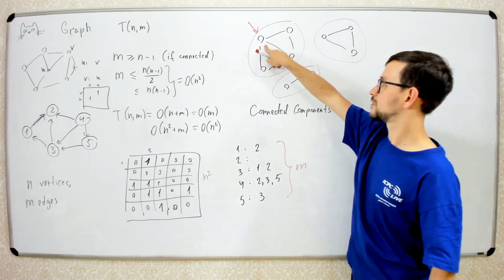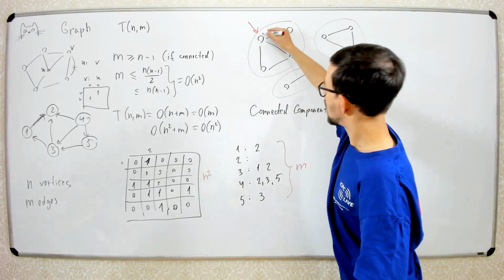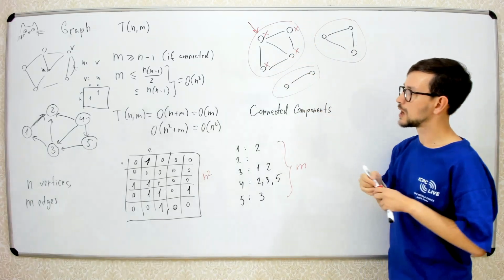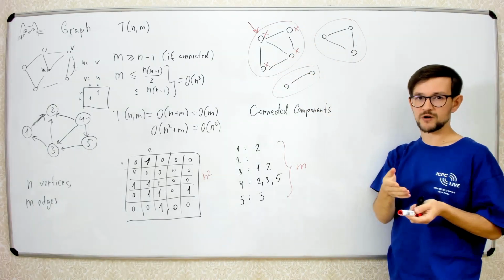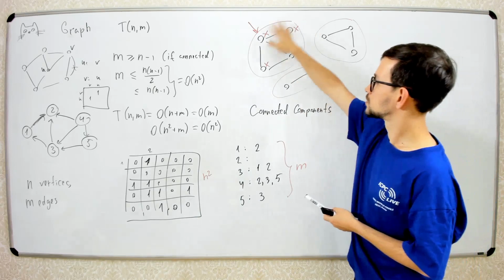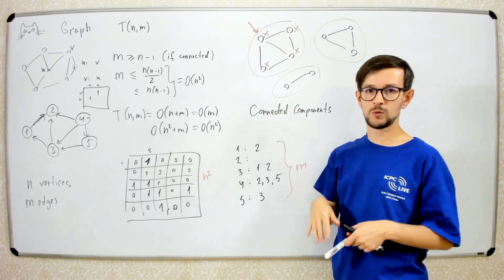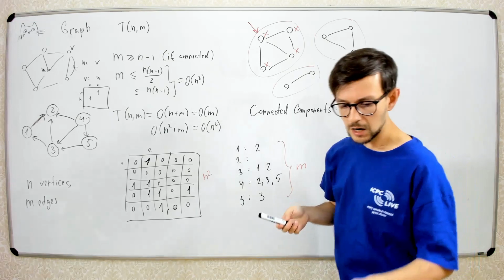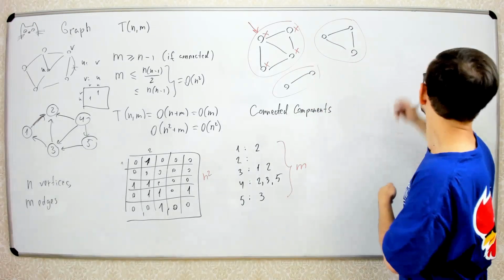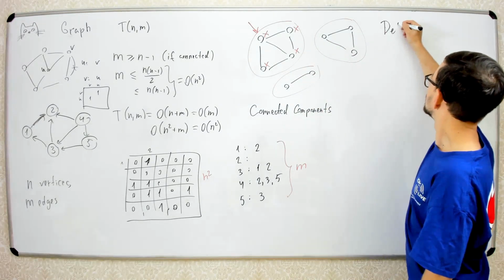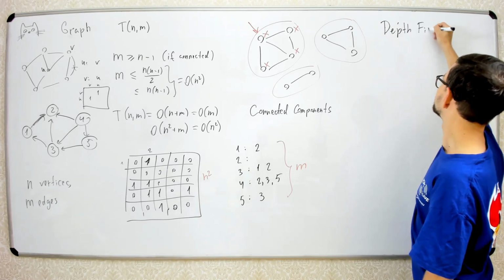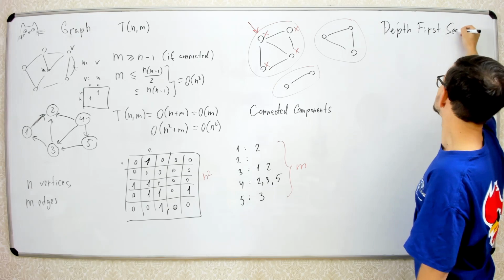So I start from this vertex and mark all the vertices connected to it. After I run this procedure, all the nodes inside the connected component will be marked. That's the plan. The algorithm is called depth first search.